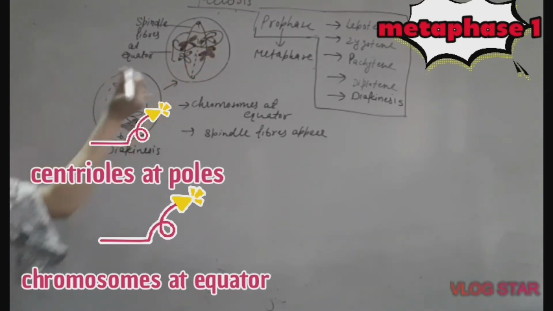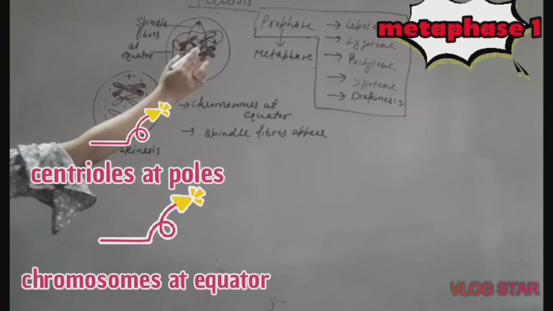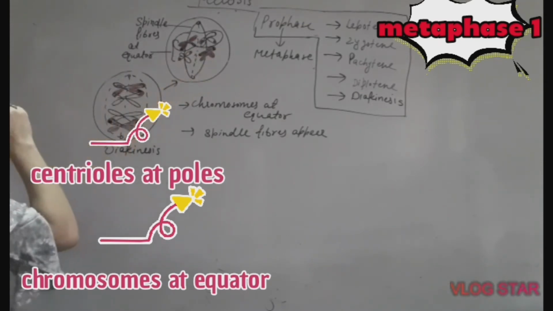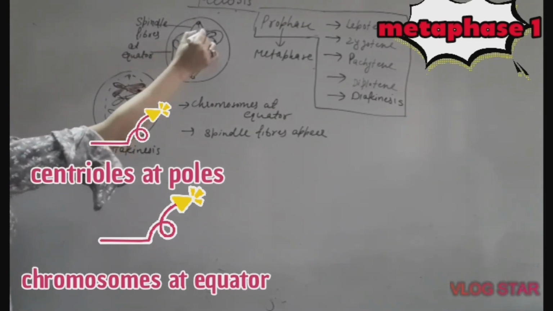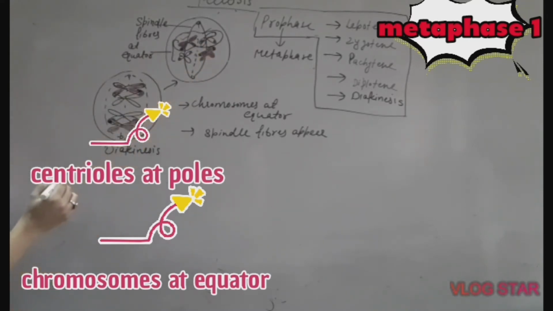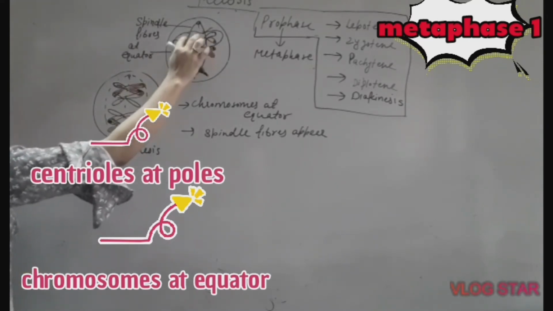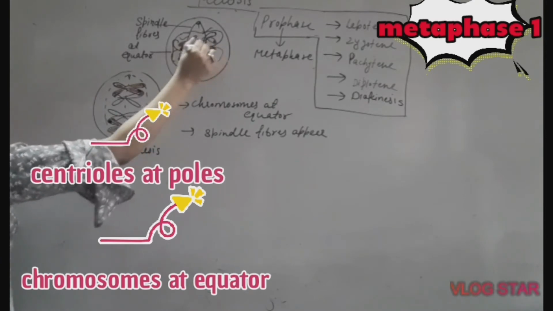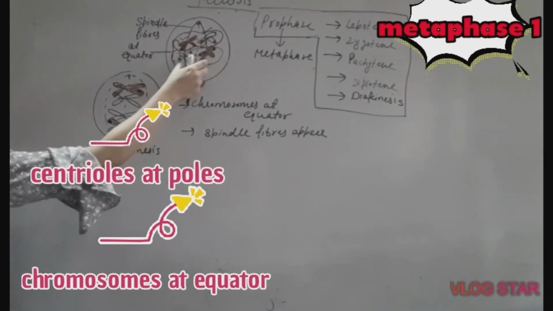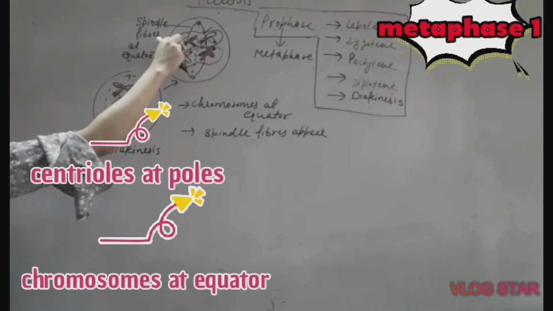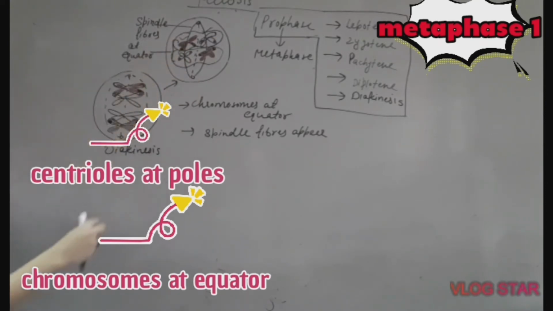This is not equal. What are these? We studied earlier, these are bivalents. What is a bivalent? A pair of homologous chromosomes is known as a bivalent. This is one pair, and this is another pair of homologous chromosomes.